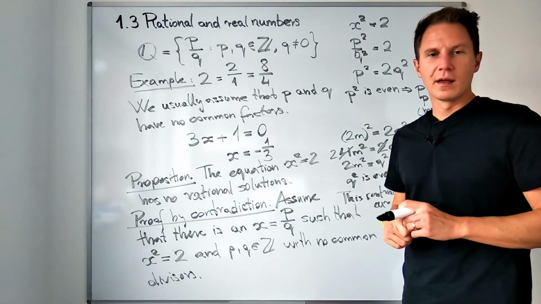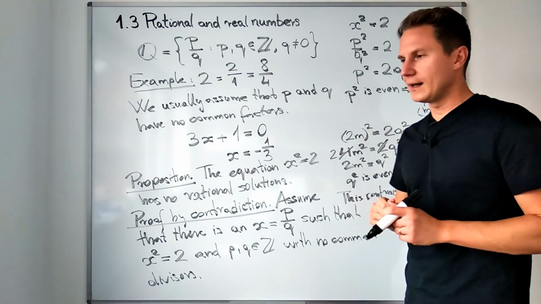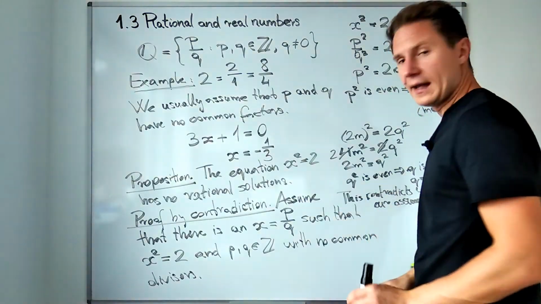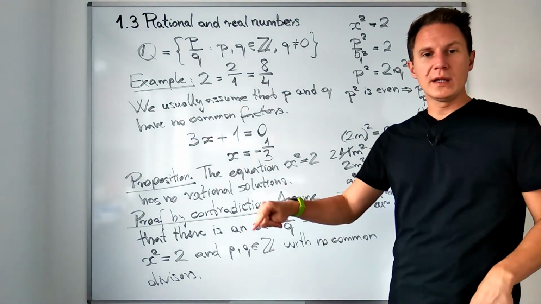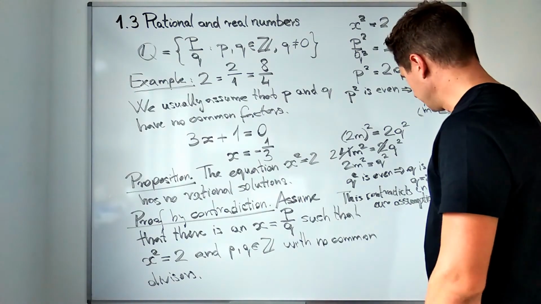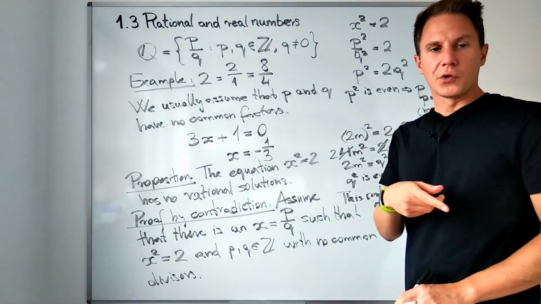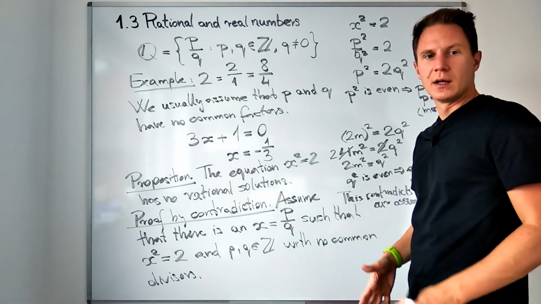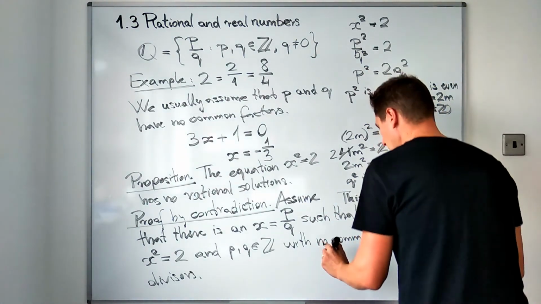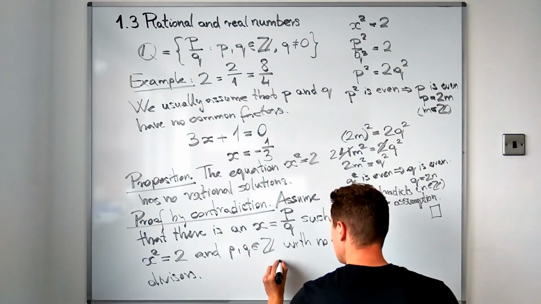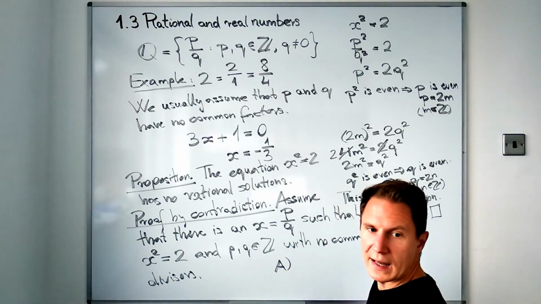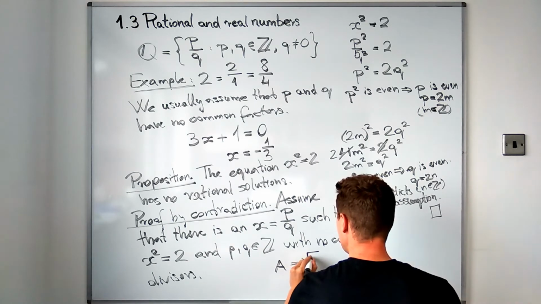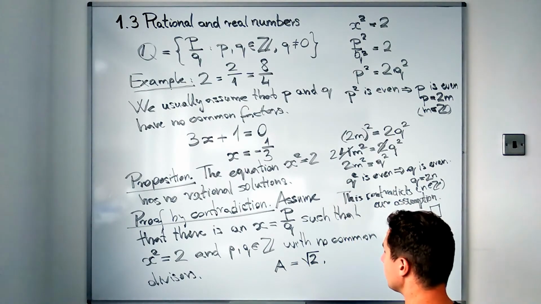So my task to you, I would like to test your understanding. So again, pause the video, and below the video you should see these options appearing. Please choose which of the following numbers are rational. Okay, so I will give you 3 choices. Option A is root 2, the number that squares to 2.